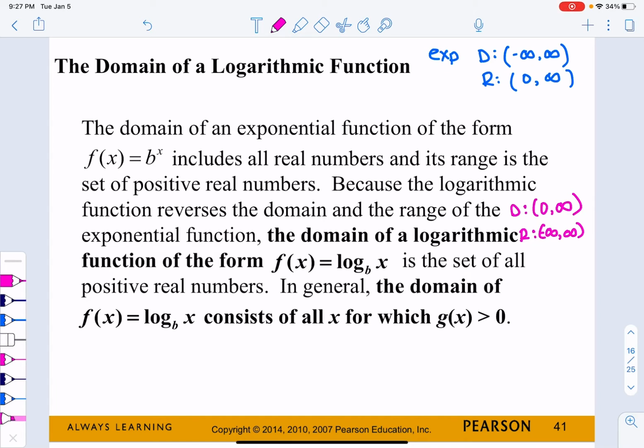So it says in general, the domain of f of x equals log base b of x consists of all x for which g of x is greater than 0. Here's a little key. The domain has to be greater than 0, because we now have that vertical asymptote occurring at x equals 0.